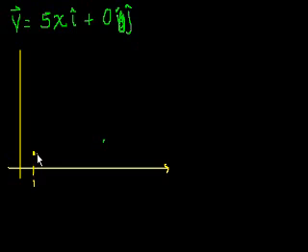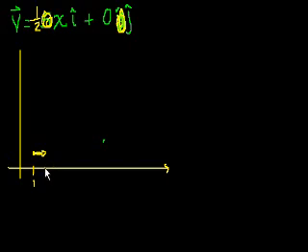It'll be 5, right? So actually, let me make this a different number, because it'll make it hard to do. Let's make this 1/2 x. So when x is 1, the magnitude of my vector is 1/2, only in the x direction. It has no y component. It's 1/2 x i plus 0 j, or you could just say it's 1/2 x i.